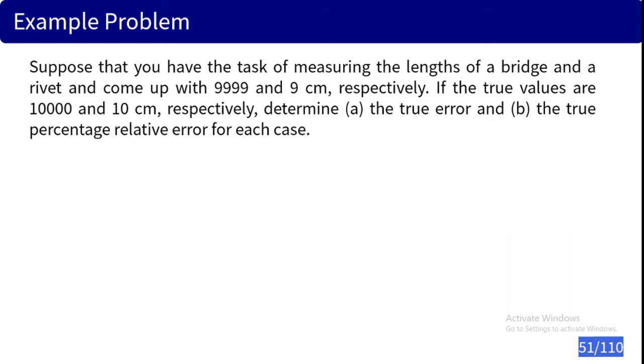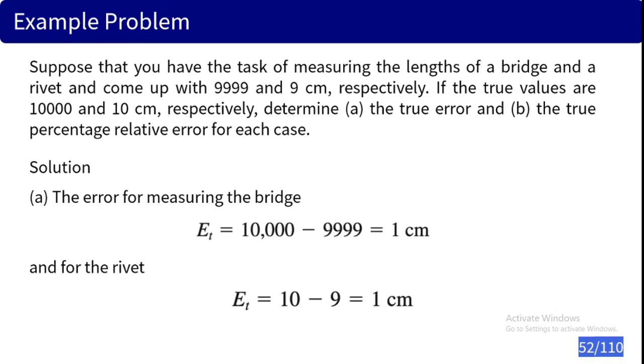Given nga na exact value ditong bridge o rivet nga mong i-measure, ang exact nga measurement di ay sa bridge is 10,000 and for the rivet is 10 centimeters. So here is paitawon nimo ang true error and the true percentage relative error sa katong mga measurements, local measurements.